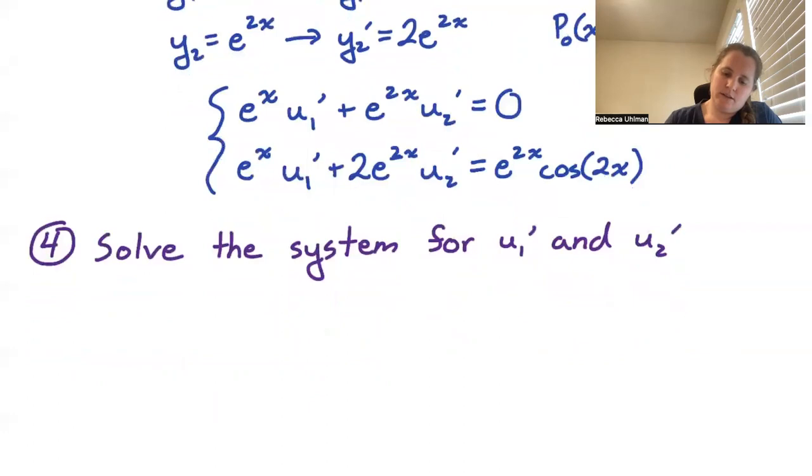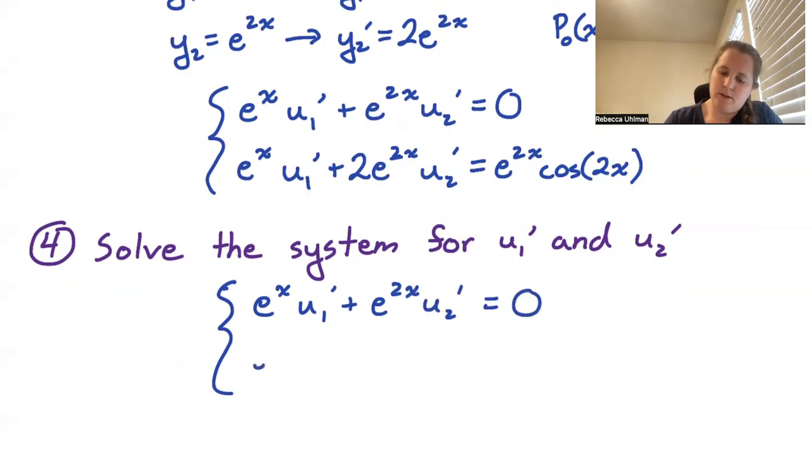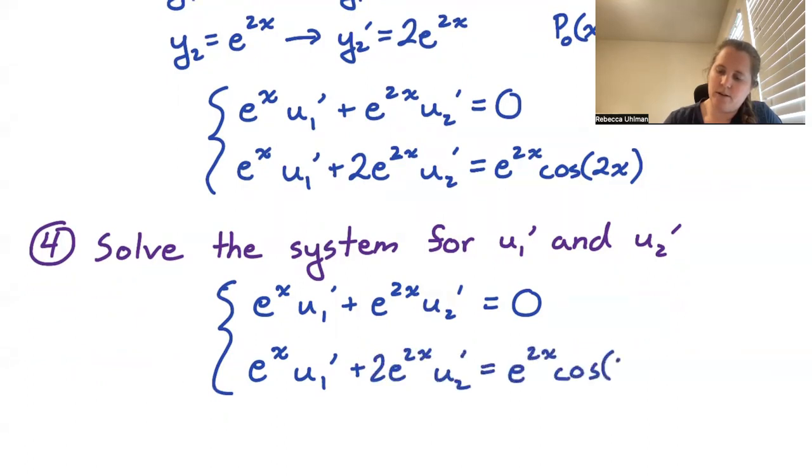If we take our system, e^x u1' + e^(2x) u2' = 0 and e^x u1' + 2e^(2x) u2' = e^(2x) cos(2x), I'm going to do this by running elimination.